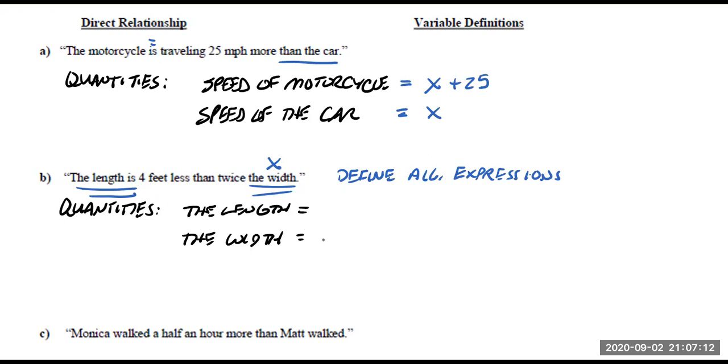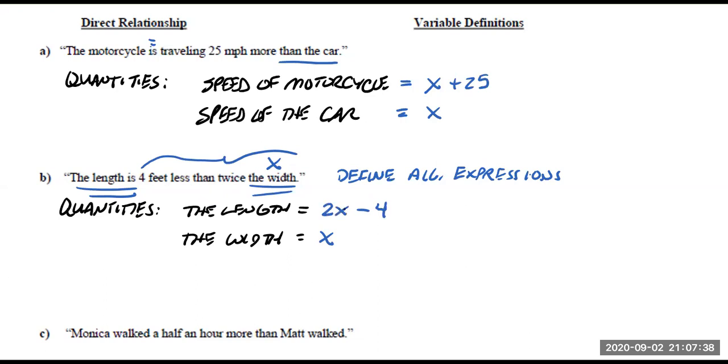If the width is x, then I just need to take 4 feet less than twice that. So now I can define the length as 4 feet less than twice x. 4 feet less than, I'm going to be subtracting 4 from twice the width. In this case, it would be 2x.